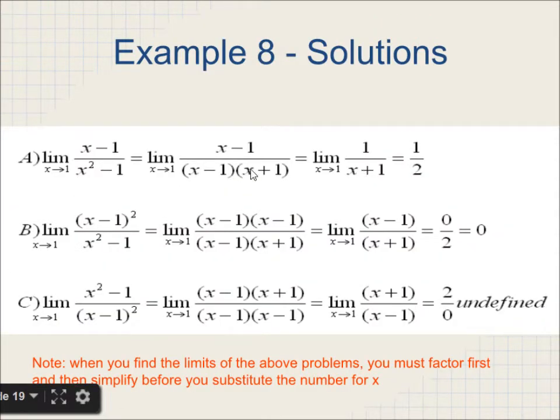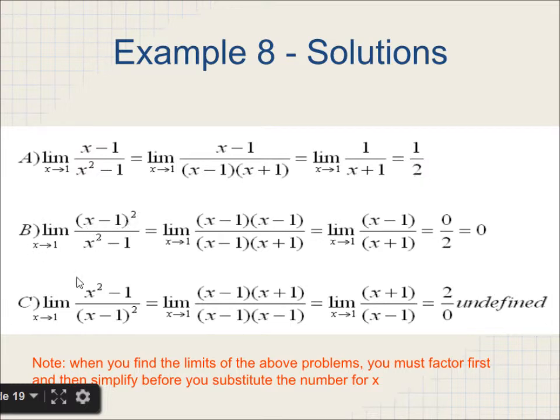x square minus 1 can also be written as x minus 1 times x plus 1. So x minus 1 gets cancelled, and the value that remains is x plus 1. So the limit as x approaches 1 is 1 over x plus 1, which is equal to 1 by 2. In this case, the limit of x minus 1 whole square over x square minus 1.